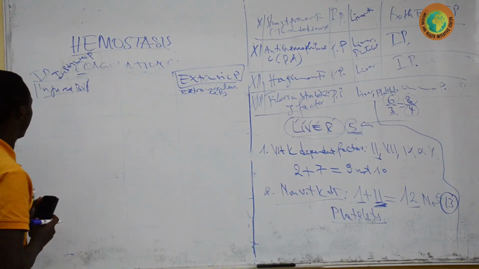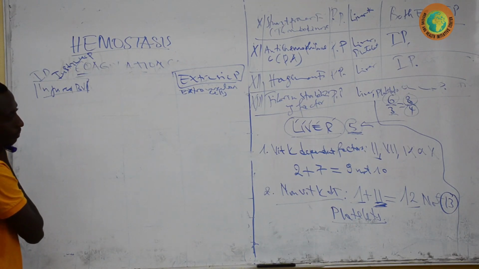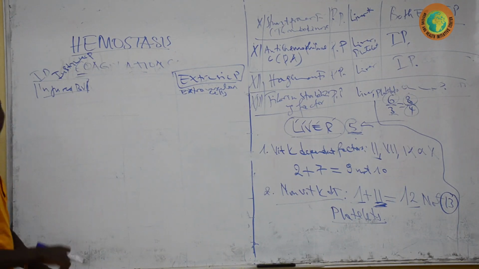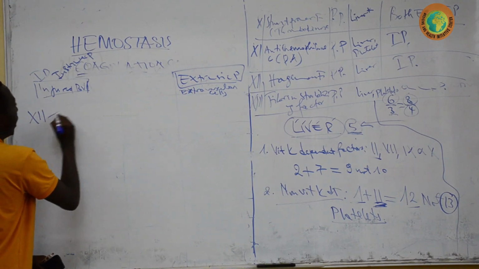The intrinsic pathway starts with factor 12, Hageman factor, which is activated.